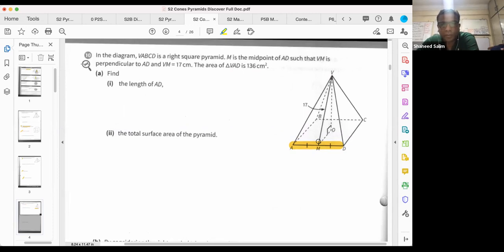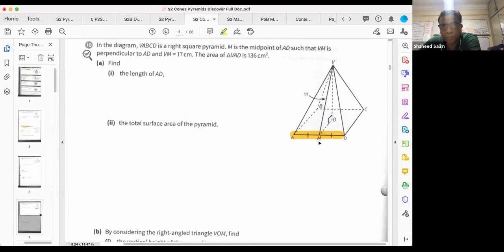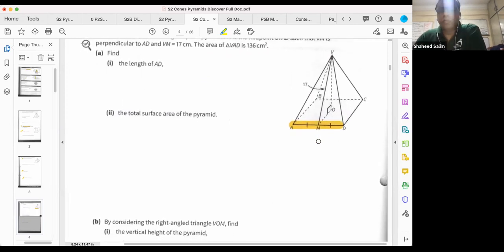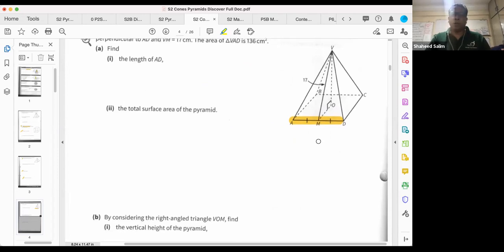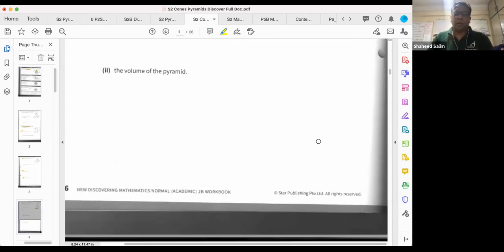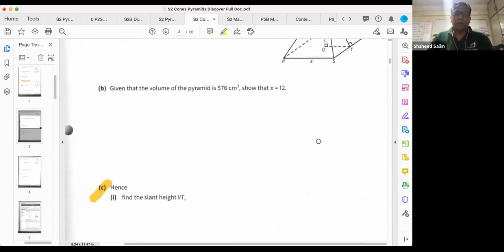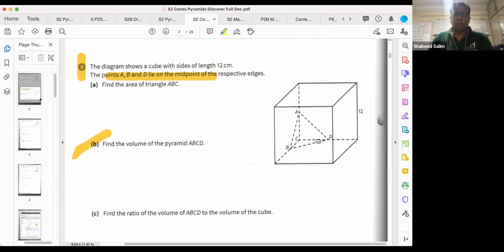Okay, and then what else do we have? You've got the area of VAD. Okay, wait. Sorry, I'll give you another one. I want something very similar. This one can. You try this one.